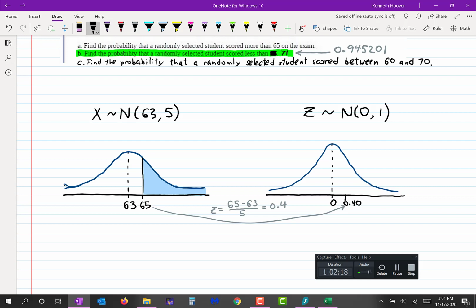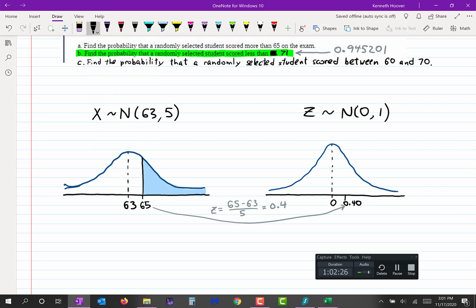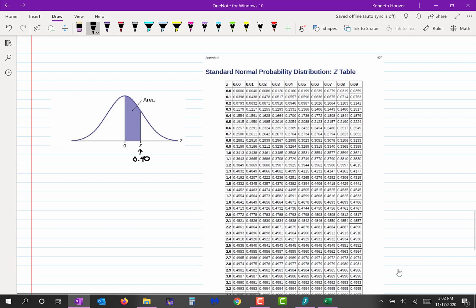Let's go ahead and write 0.40. Okay, and here's what I'm going to do. We use the chart in the back of the book, or we use Excel, and we are going to find this area right here. Okay, so let's do that with the chart in the back of the book.